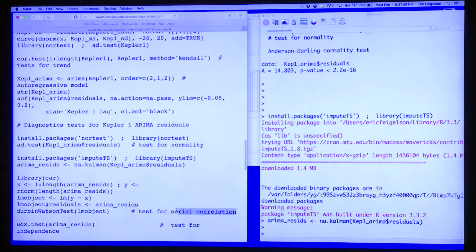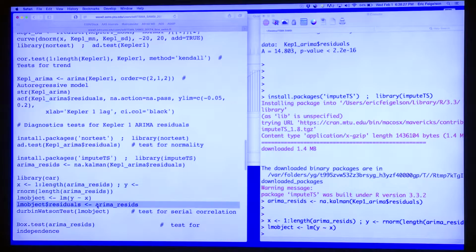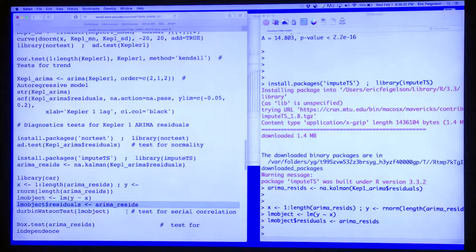But it ended up that this particular code was very annoying. It wouldn't accept this vector of residuals. I had a perfectly good vector, and it wouldn't accept it. It only would accept something that was in something called class LM from linear modeling. So I had to fake the system. I created an LM object with garbage, just completely arbitrary, and I put in the vector I wanted in the right spot, just so I could get this thing to work.